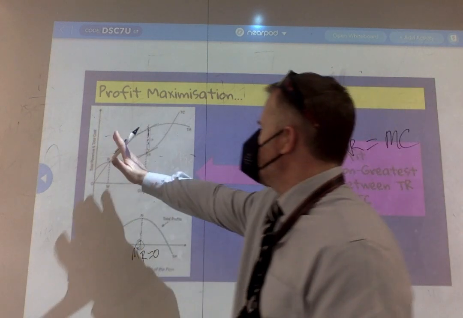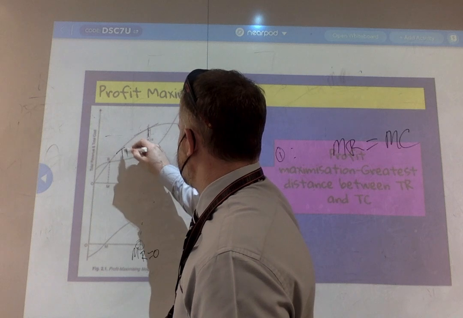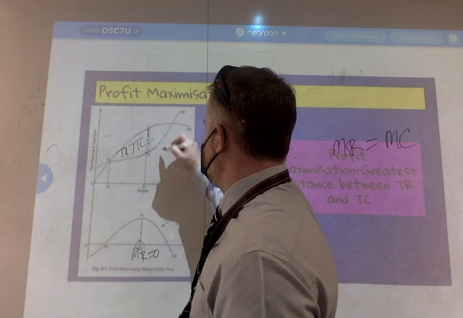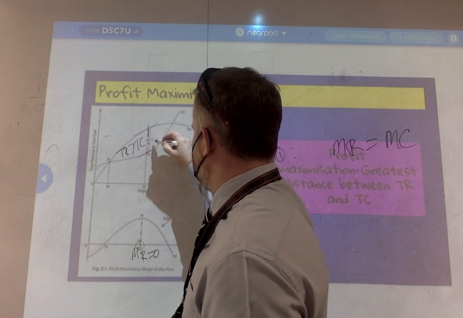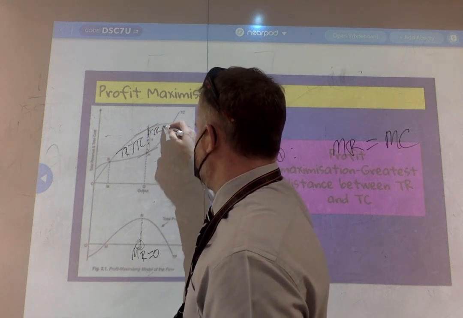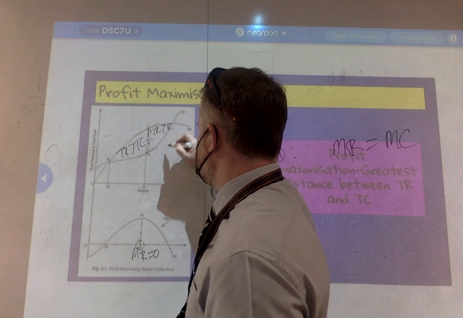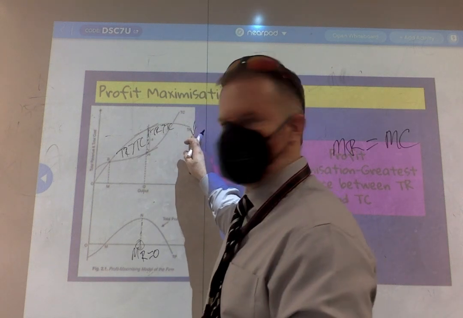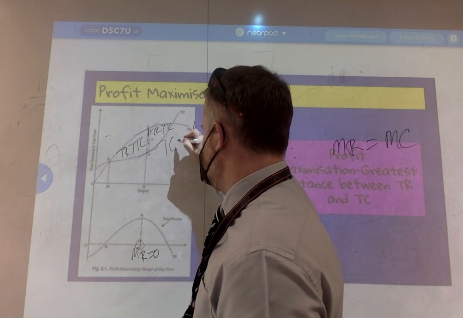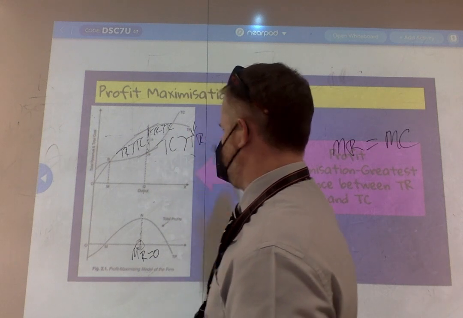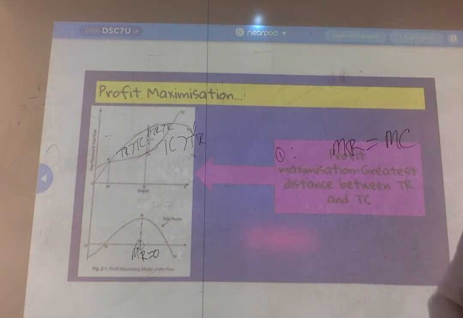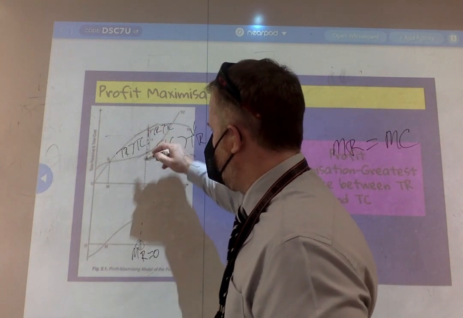Down in here you've got total revenue being greater than total cost. If you're up in here, you've got total revenue still being greater than total cost, but you're on a declining total revenue, and eventually total cost is greater than total revenue. So the biggest distance between them is right there.